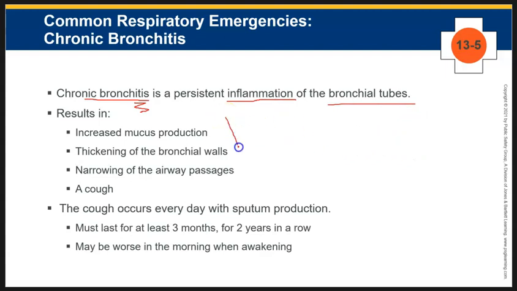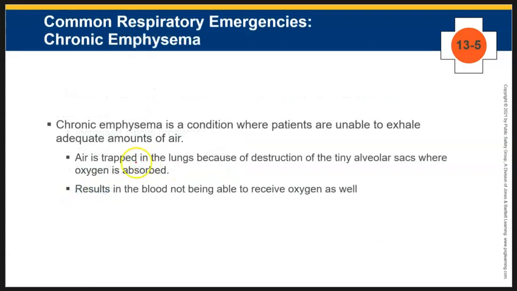And the associated symptoms for that: increased mucus production, narrowing of the airway passages, and possibly a cough. And we contrast that with chronic emphysema, which is a situation in which patients are unable to exhale adequate amounts of air. Therefore, air is trapped in the lungs and minimizes the amount of oxygen that can be absorbed. The blood is not able to receive oxygen, and the result is hypoxia.